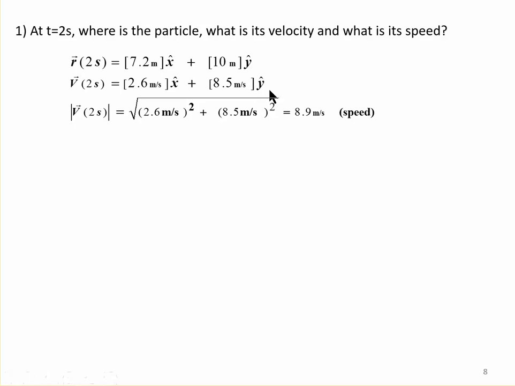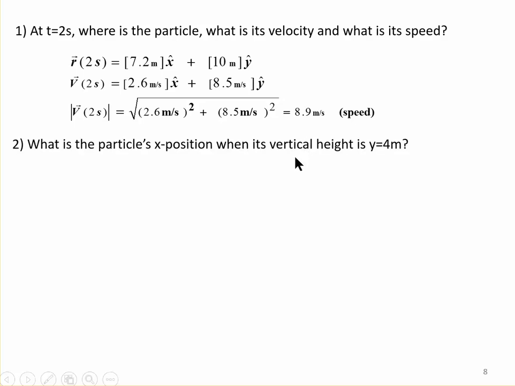We also wanted to know what its speed was, and you may remember that the speed is the size or the length of the velocity vector. And so you get that by using the Pythagorean theorem. Just the way you get the length of any vector, you take the x component squared plus the y component squared, square root of that. That tells you the magnitude of the vector. In this example, it's 8.9 meters per second.